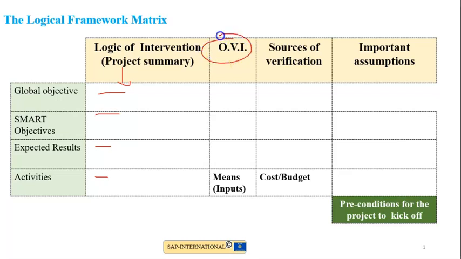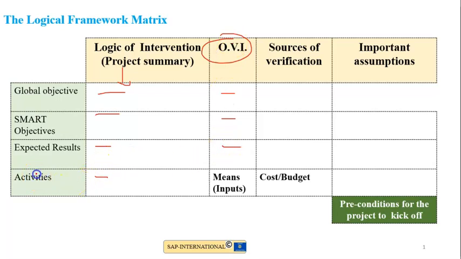The second column has the objectively verifiable indicators, and each of the objectives should have at least one OVI. Note here very carefully.